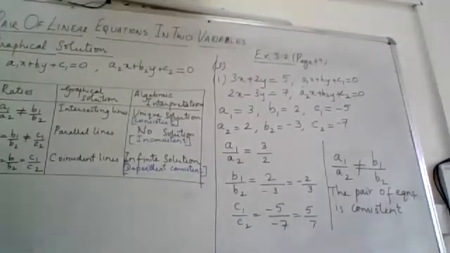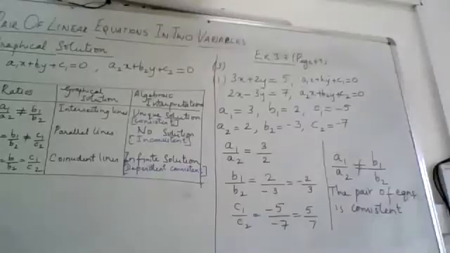Try the second one and tell me whether you're getting a consistent or inconsistent. Could you find out what is A1 by A2, B1 by B2 and C1 by C2? Are they equal? Are they not equal?